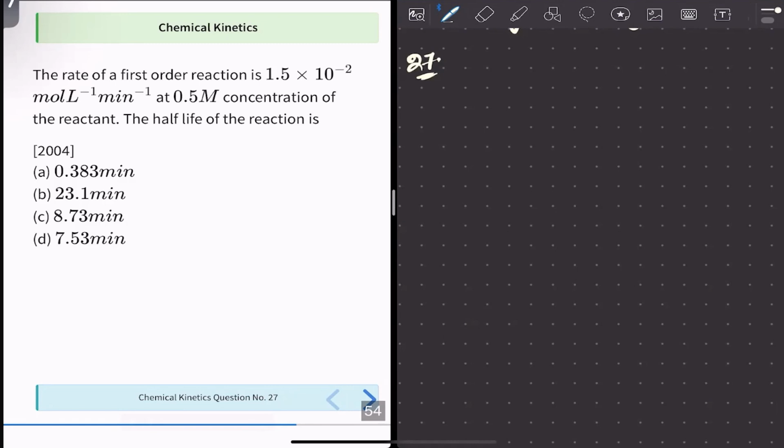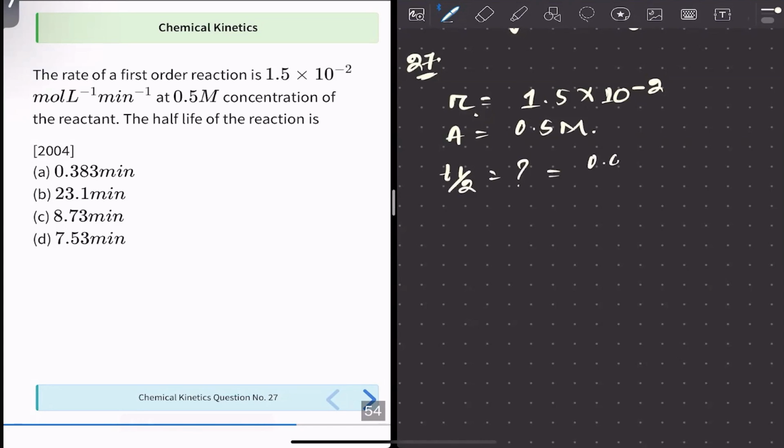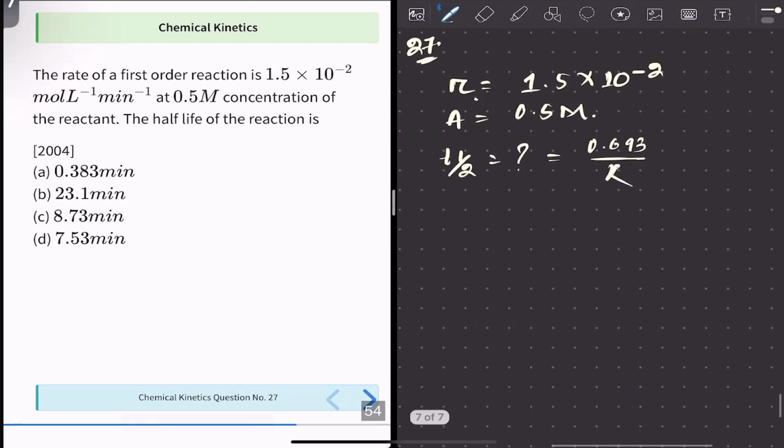So here it is given that the rate of the reaction is 1.5 into 10 to the power minus 2 at reactant concentration 0.5 molar. It is asking for T half. For T half, we know the formula 0.693 divided by K. Got it? We need to find the value of K.